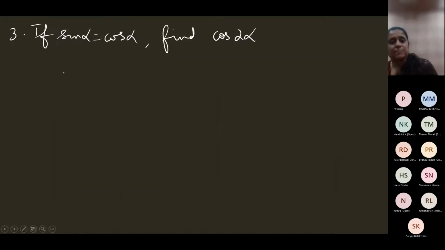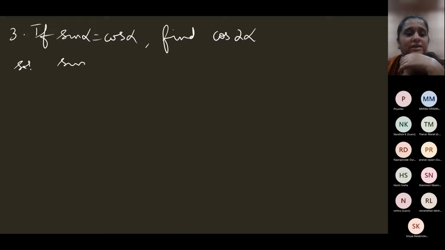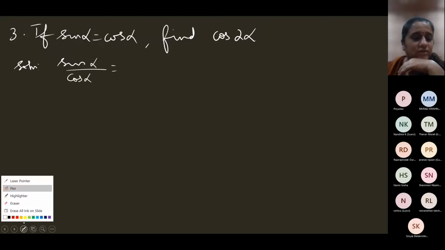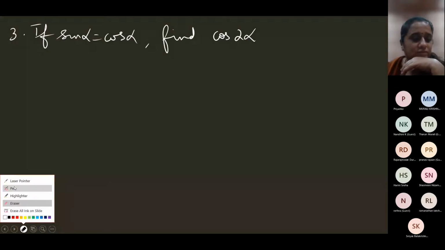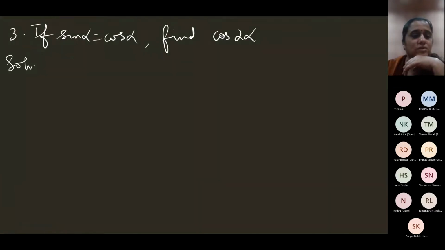Yeah, what about this one? So the presentation will be like this. Sine alpha is equal to cos alpha, this is the given.